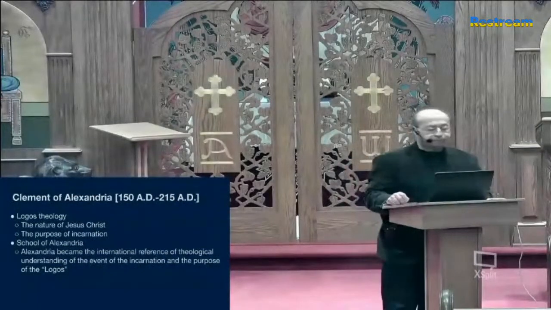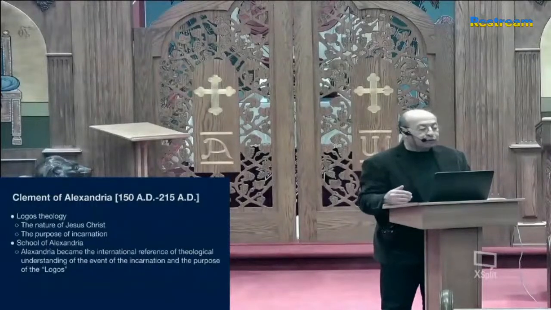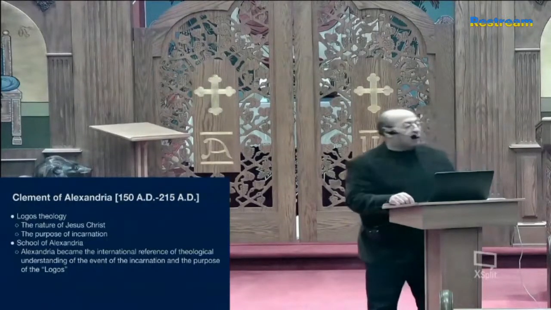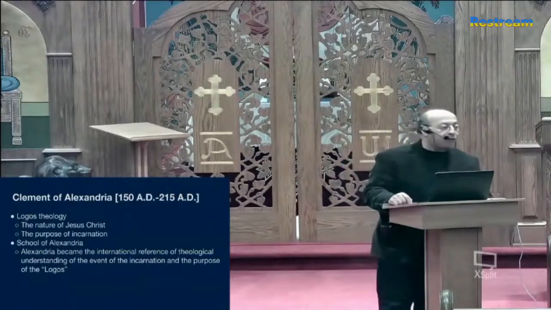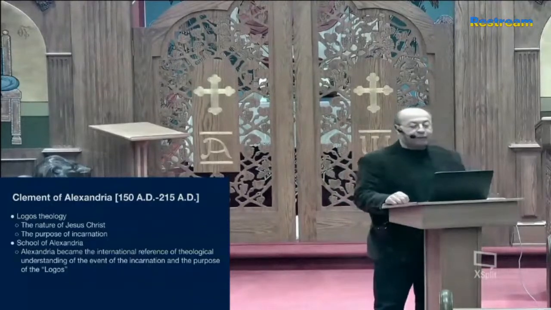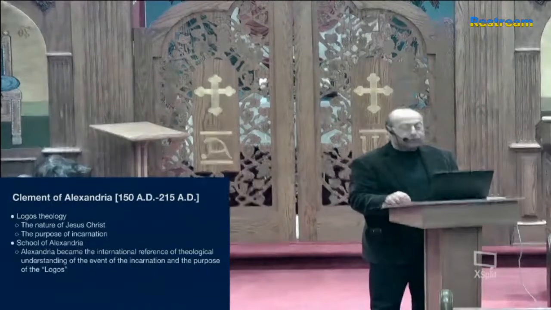And he talked about the Logos theology, the nature of Jesus Christ, the purpose of incarnation, why incarnation, and he established the School of Alexandria. In the time of Clement of Alexandria, Alexandria became the international reference of theological understanding of the event of the incarnation and the purpose of the Logos.